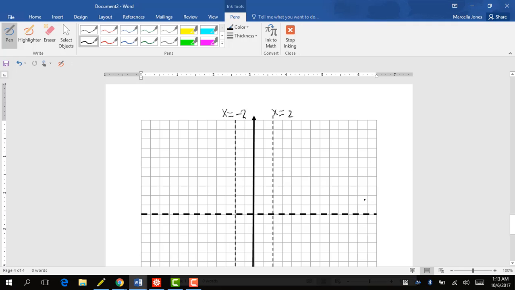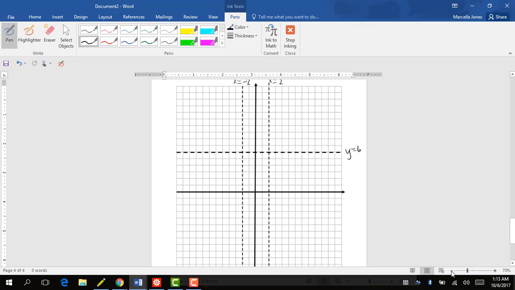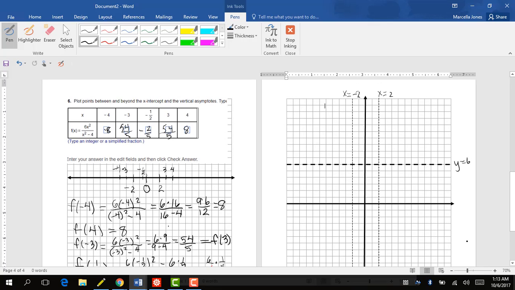Here's my horizontal asymptote y equals 6. Okay, I'll zoom out a little bit on this.